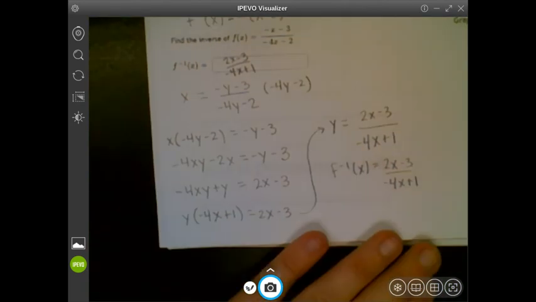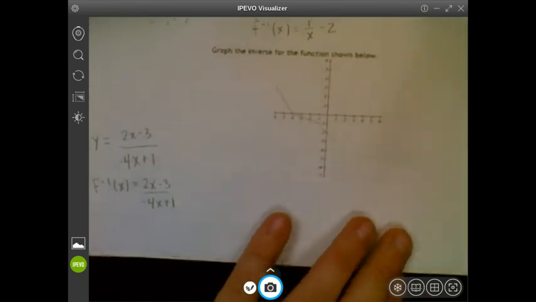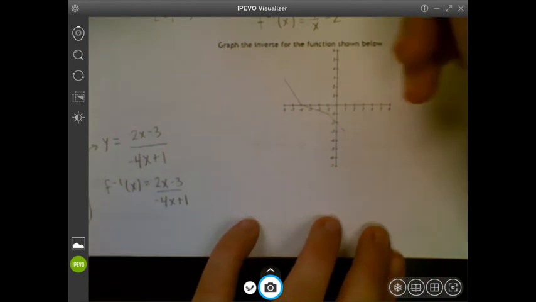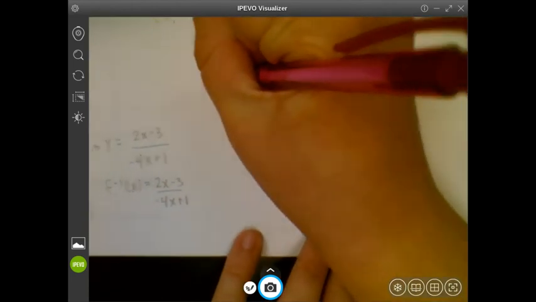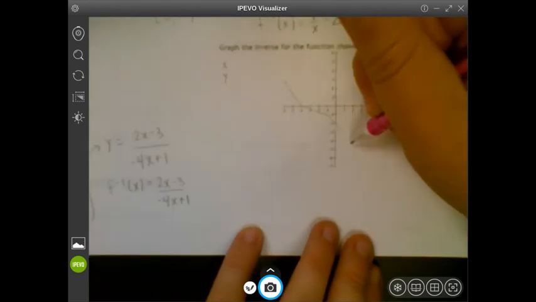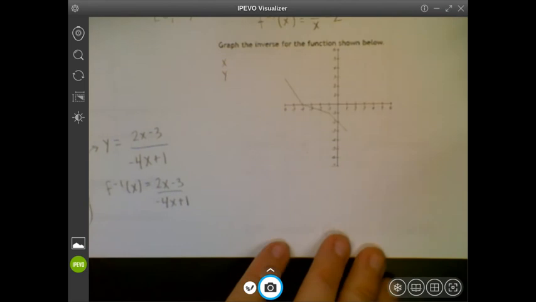All right, and then the very last question here, we have a graph, and we want to graph the inverse function. This is using the idea that, if you remember, your x and your y are going to switch locations. So based off of your original function, your x and y's will flip and create your inverse.